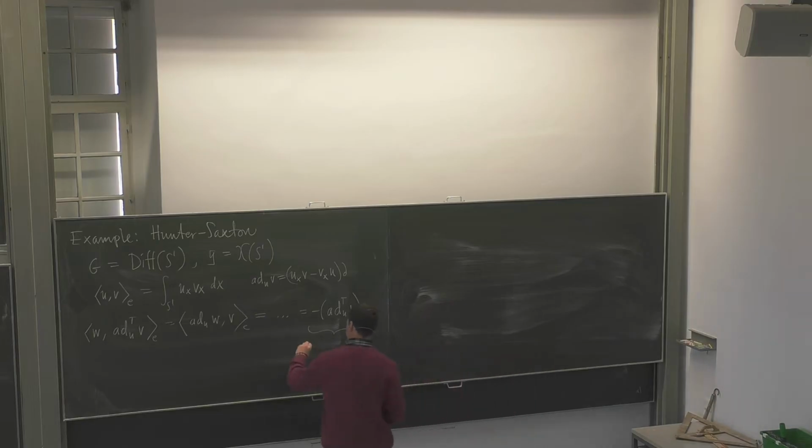Then you will see that this is actually equal to minus 2 u_x u_xx minus u_xxx u. And then you just take this equation and apply the inertia operator on the left-hand side and on the right-hand side.